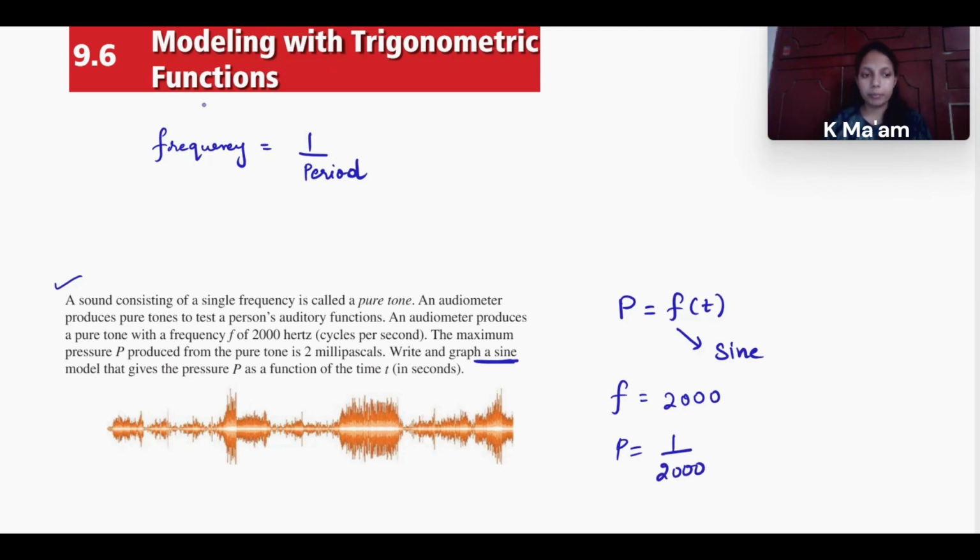So the period is done. Then it says the maximum has 2 millipascal. There is no shift provided, so it's not shifted left or right. So 2 is the amplitude.